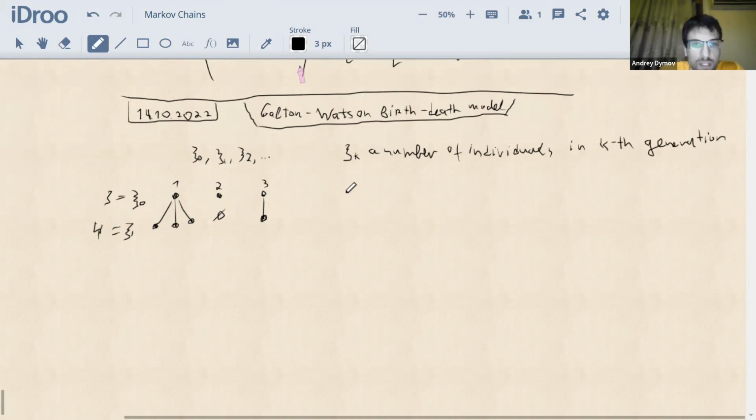More rigorously, we have the following situation. Each individual gives birth to eta n,i individuals.